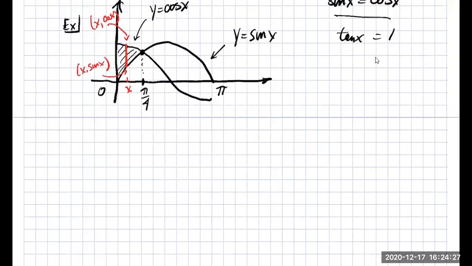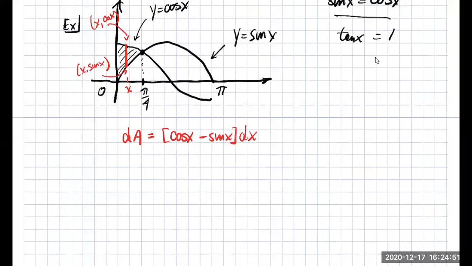Now to calculate the area between them, the differential element of the area is equal to the length of the rectangle, which we said is the difference of the y coordinates. So in this case, it's going to be the cosine minus the sine, times the width of the rectangle, which is dx.